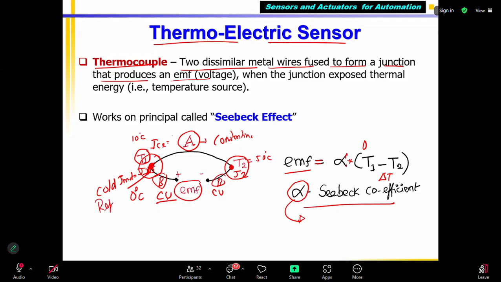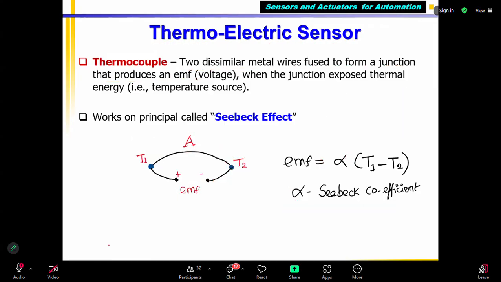I am always maintaining it using an ice cube, inserting this junction inside ice, so this is 0 degrees. That becomes the reference, with respect to which the other junction has a higher temperature. If I multiply by the coefficient, I get the EMF. The EMF may vary from 0 to 100 millivolts when the T2 temperature varies from, for example, 0 to 1000 degrees. Then my thermocouple will generate 0 to 100 millivolts. This is how it works. Any questions?